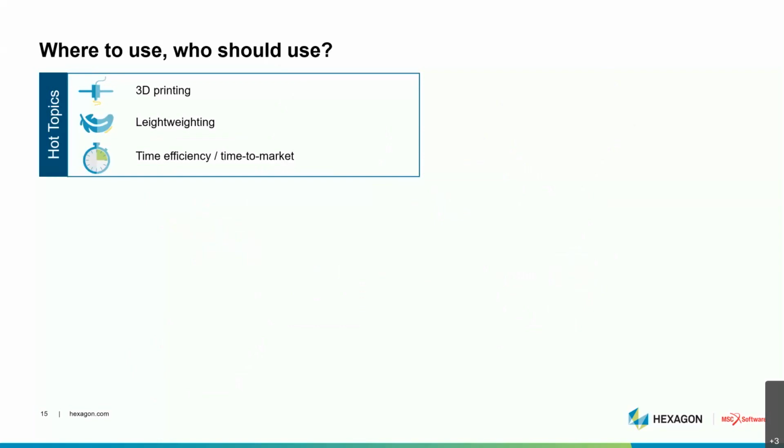We have talked about this several times right now. 3D printing at first, lightweighting, saving material, and time efficiency and time to market. I did not cover this topic enough by now, because if you are saving time in the development, not just directly saving money, but you can get your products faster to market. And this will bring you a lot of money.